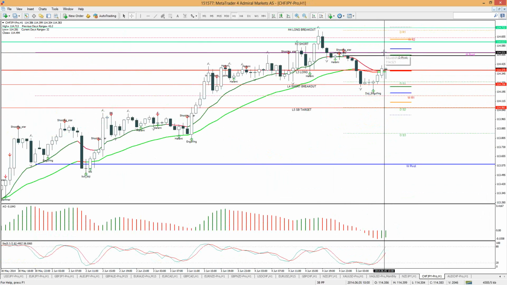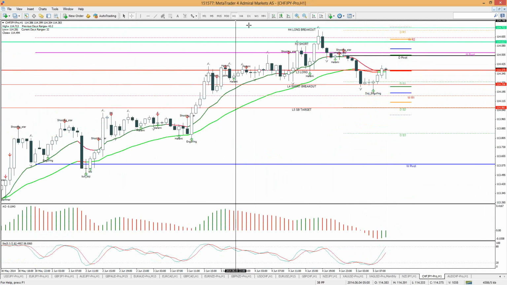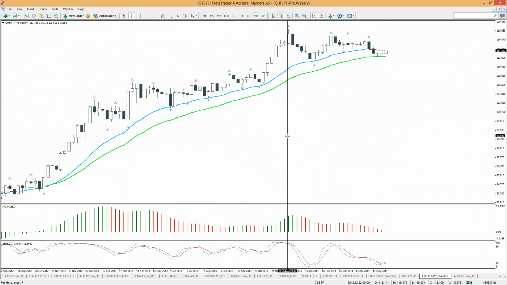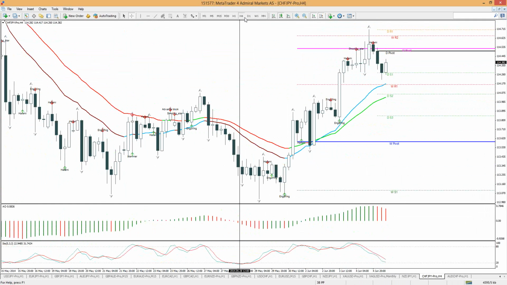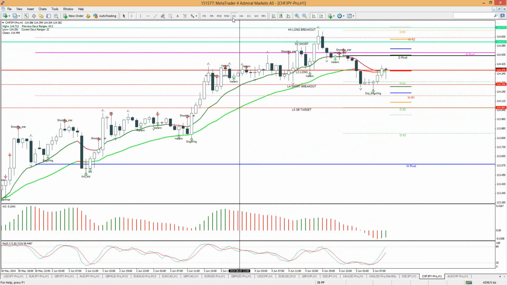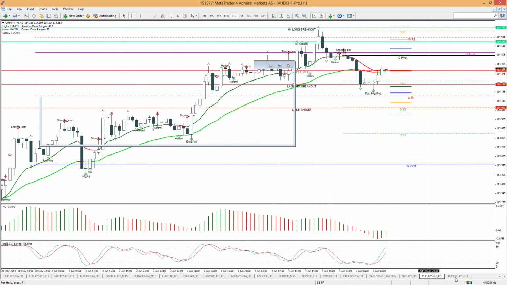The weekly R2 is also pretty close by. Yeah, that's about it, I guess. I hope that makes sense. But that's what I would be thinking at the moment.